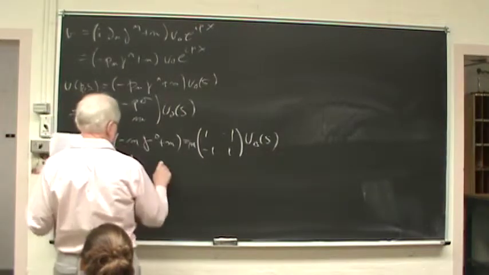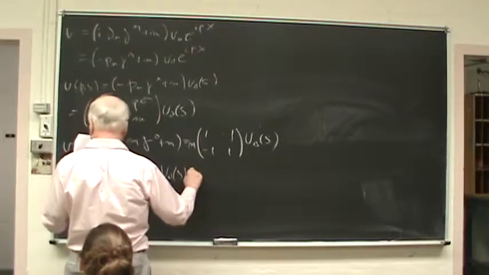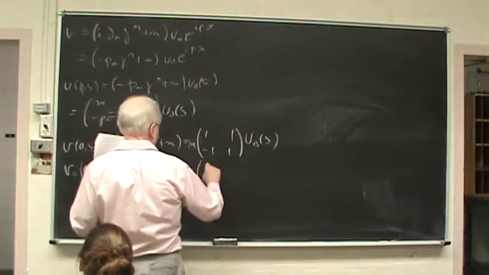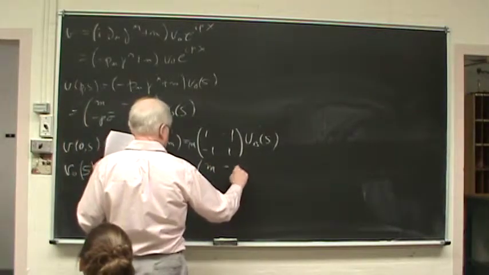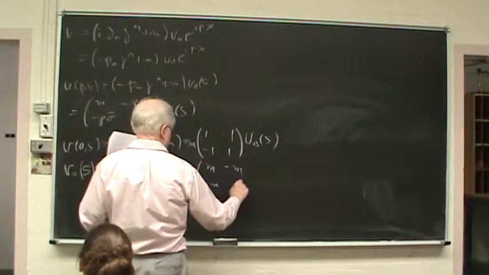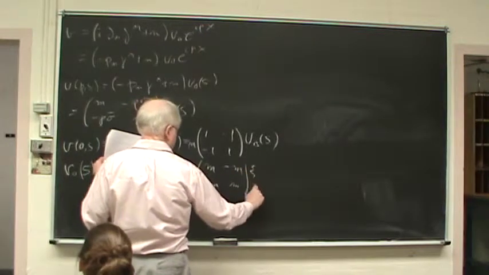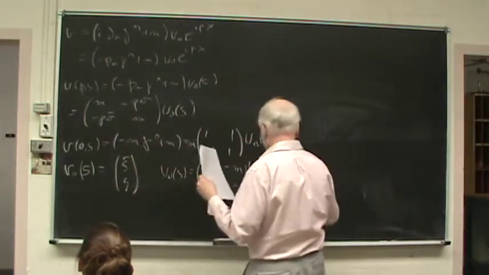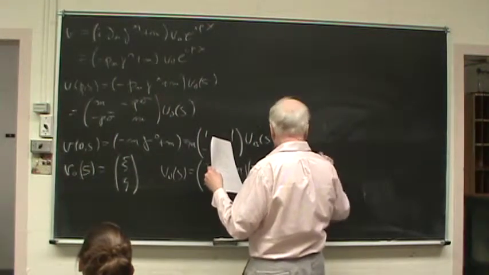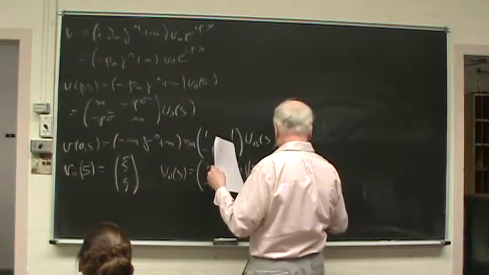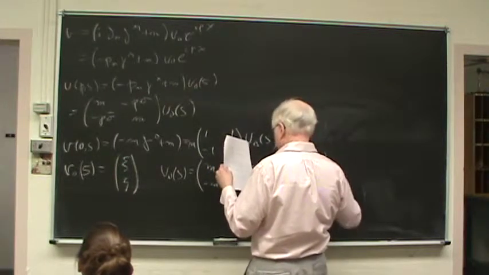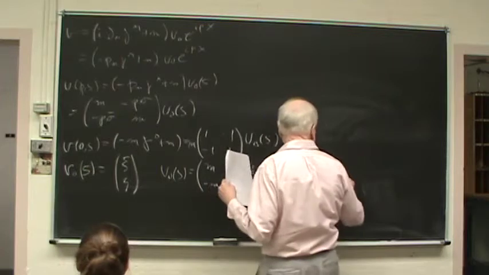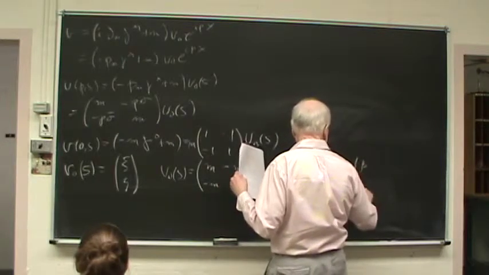And then this formula gives us v0 of s is m, minus m c zeta, and that's m, then c minus zeta, minus c plus zeta, and so we can call that m beta, minus beta.